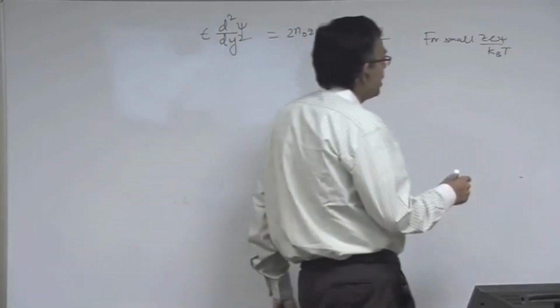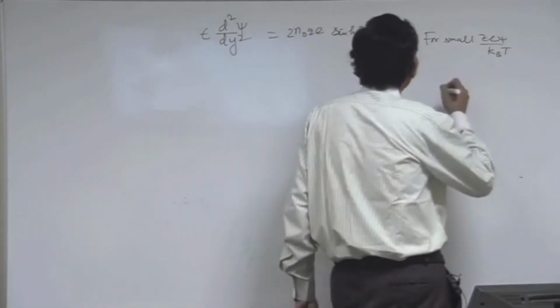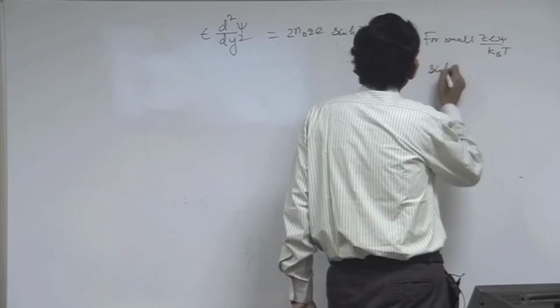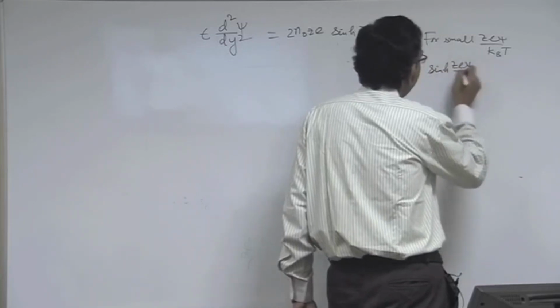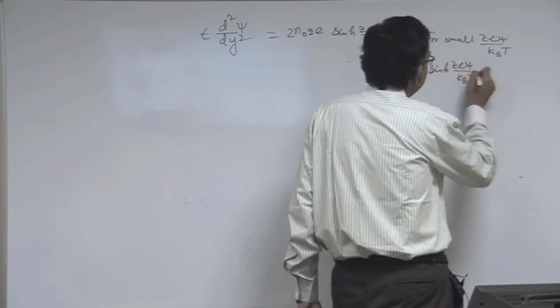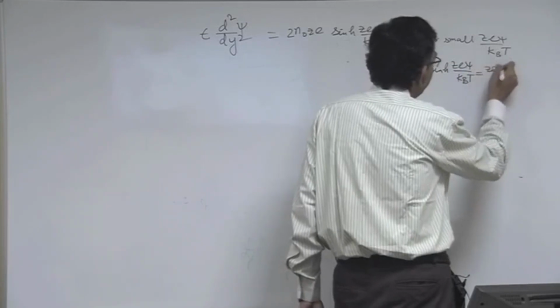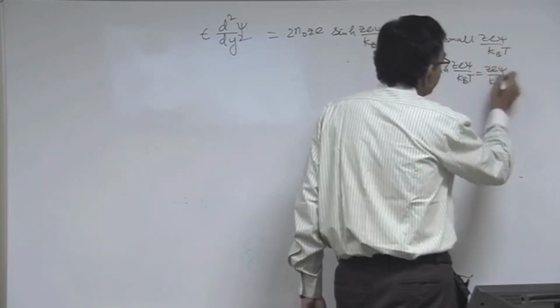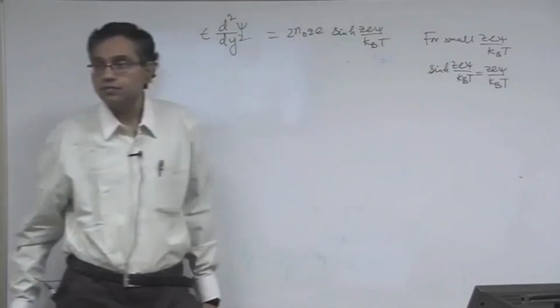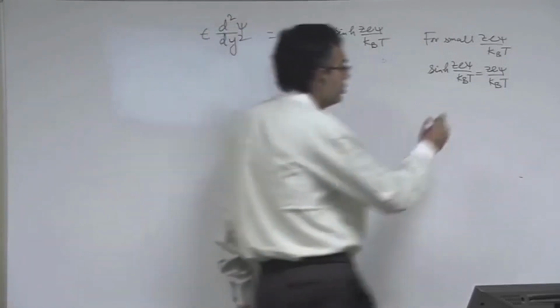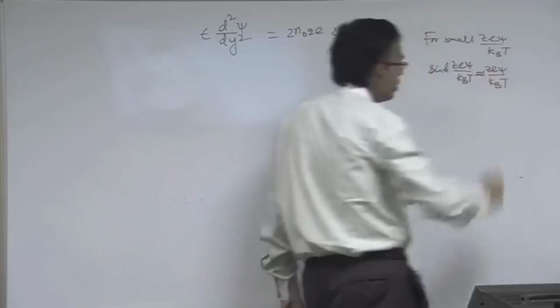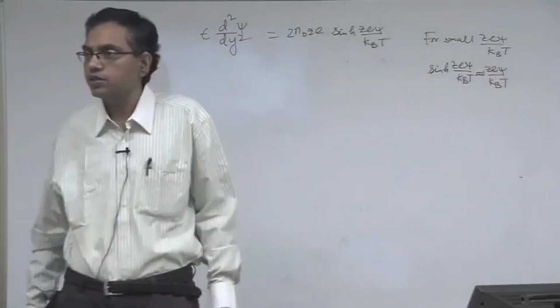For small ze psi by kbT, sinh of ze psi by kbT is approximately equal to ze psi by kbT, not equal to. For small x, sinh x is approximately equal to x.